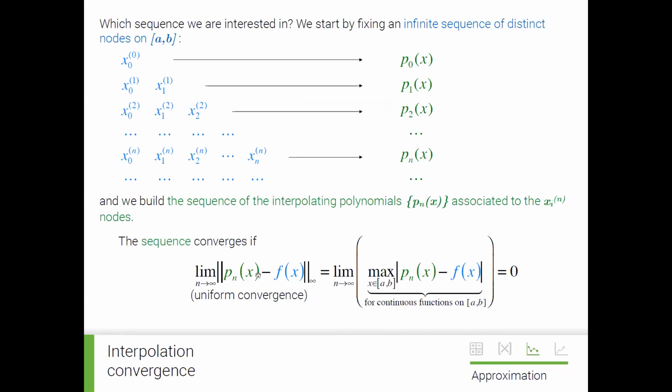So you have your polynomial Pn of x and your exact function f of x, and if the limit of their difference is 0, this is converged. If it's not 0, this is non-converged. Thank you, I got it. Yes, so it means Pn of x and f of x are very close as n tends to infinity.